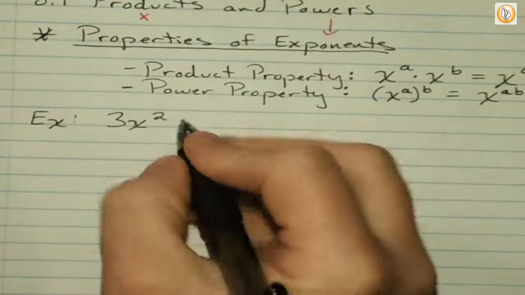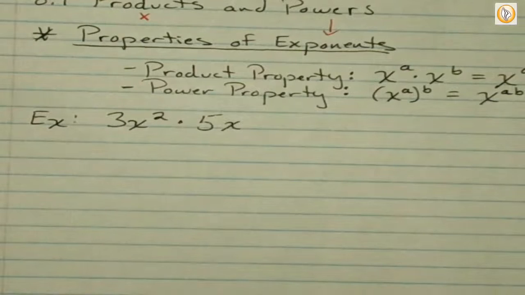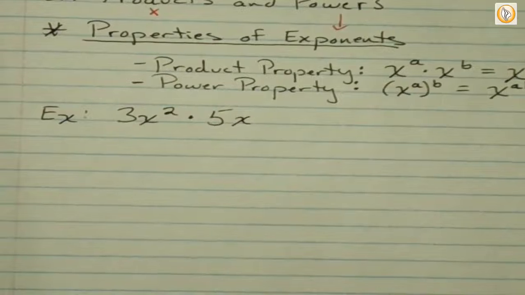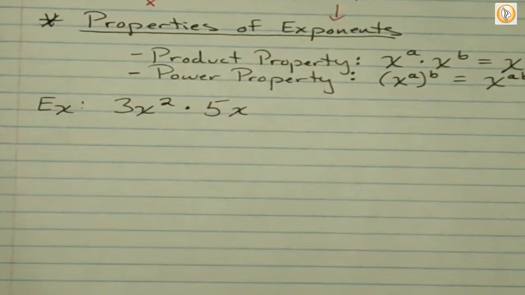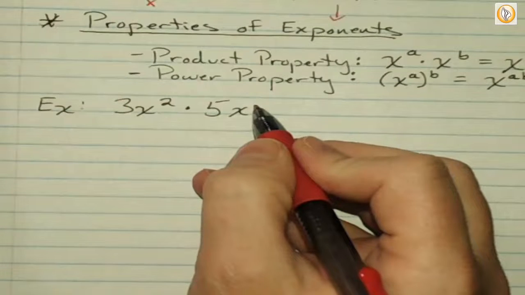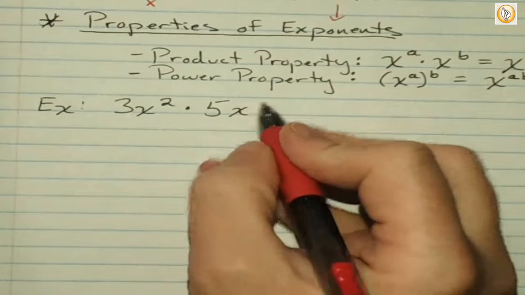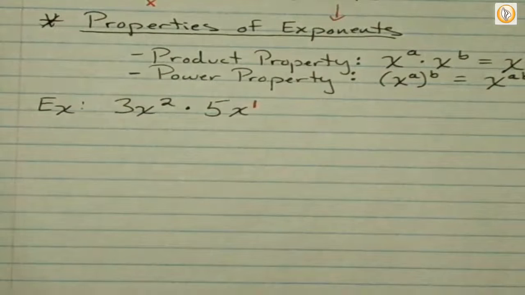3x squared times 5x. Okay. Question. And again, most of this is kind of review or refreshing your memory. If I do not have an exponent here, what do I pretend it is, Emily? That's right. We pretend there's a 1 there.